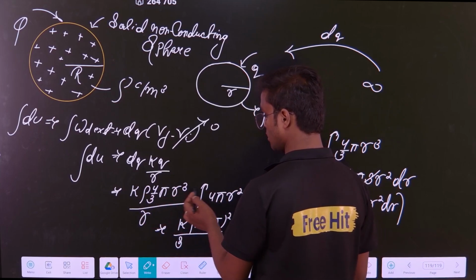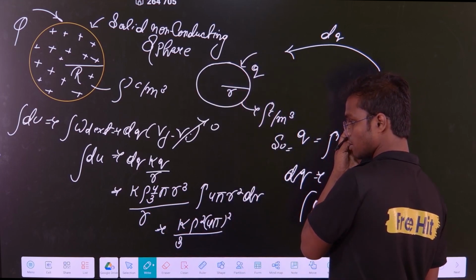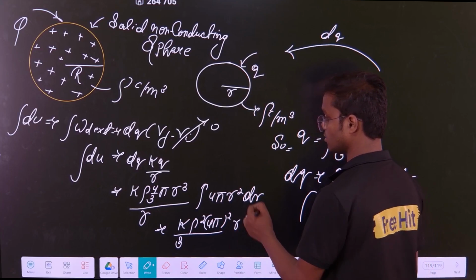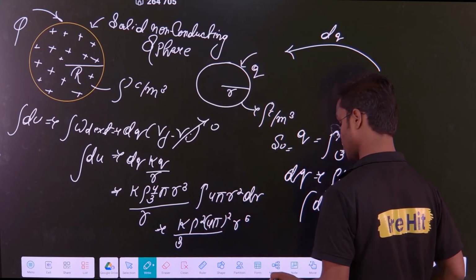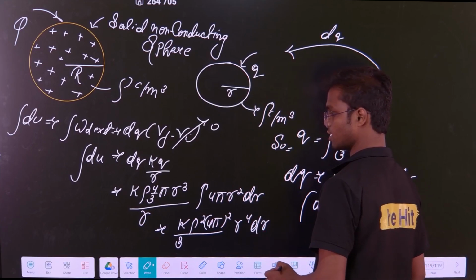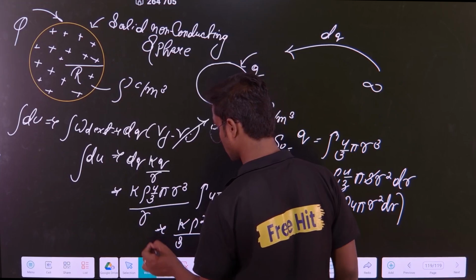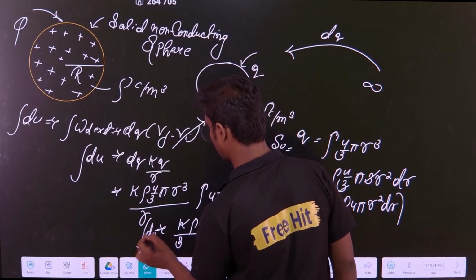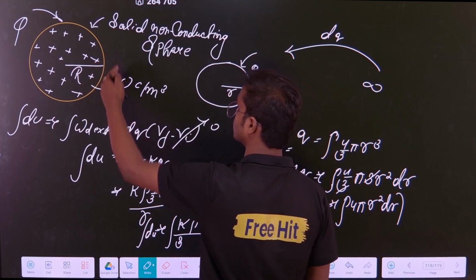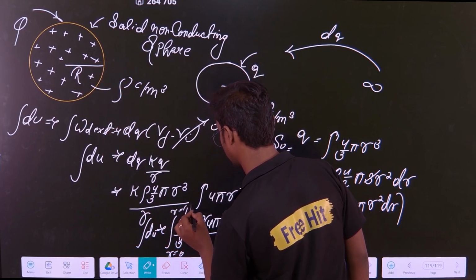This is k, r to the power 5, so one r will be cancelled out, so you will get r to the power 6 by r to the power 5, sorry, r to the power 4 and dr. That is the value you are getting. That is dU. So for the total you have to integrate, and the limit will be from 0 to r.